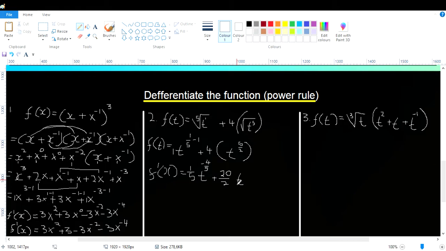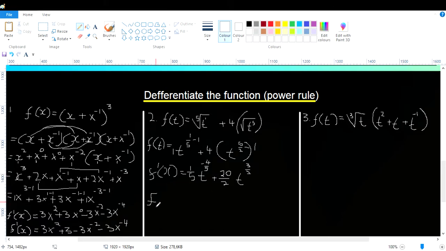Then t, then is power minus 1. So it's 5 over 2 minus 1, answer is equal to 3 over 2. You can simplify this. 20 divided by 2 is equal to 10.